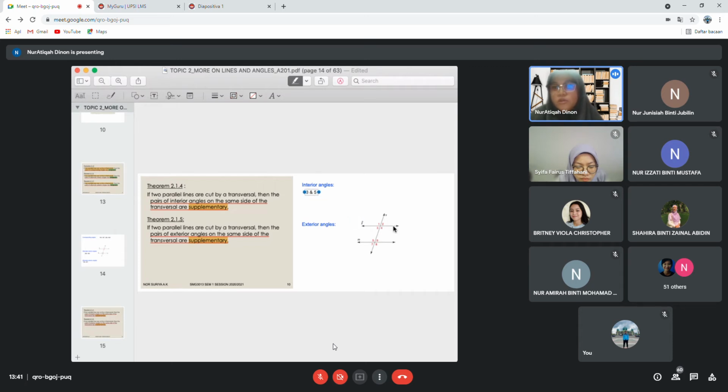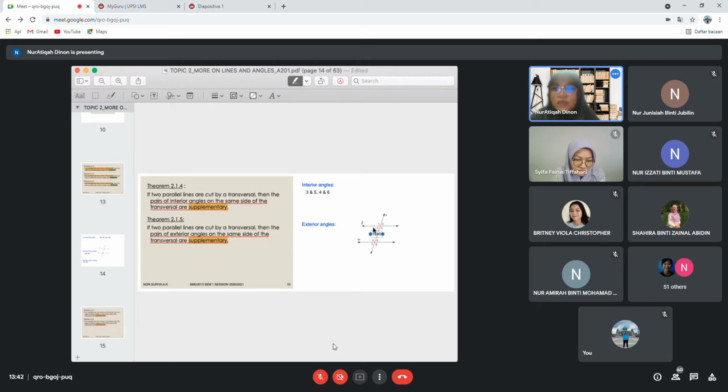So 3 and 5 are on the same side, so 3 is supplementary to 5. The next pair will be? 4 and 6. Good. Okay, how about the exterior angles?